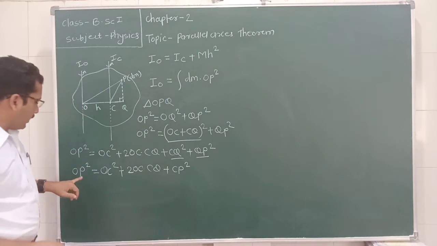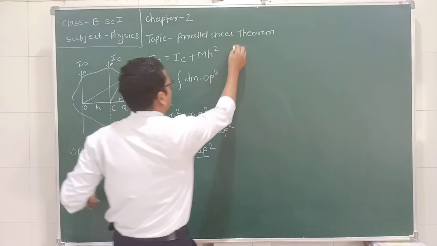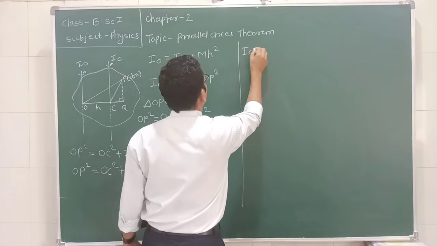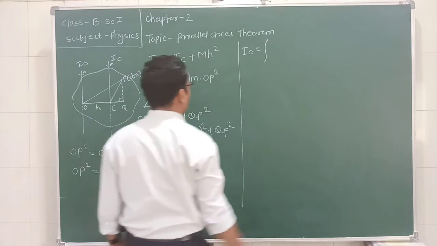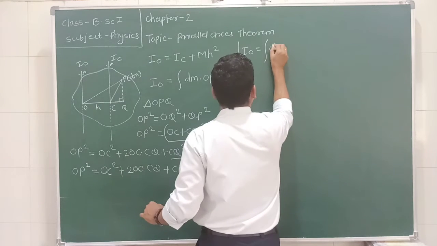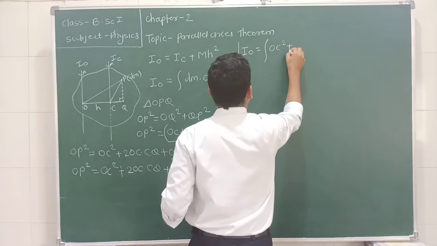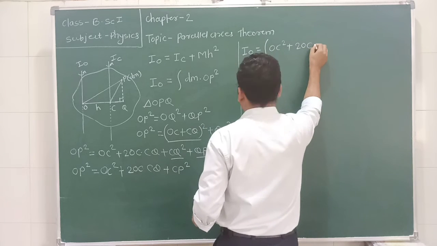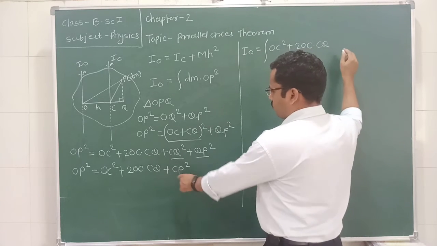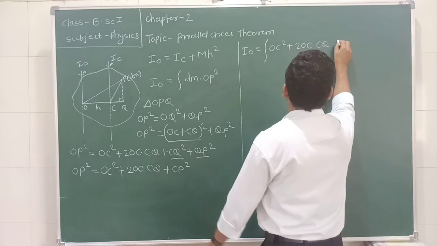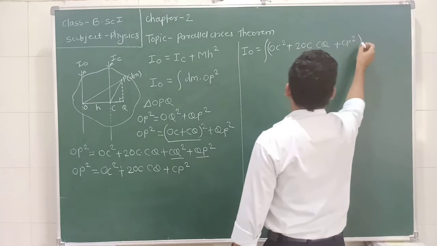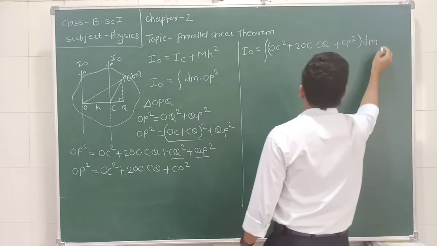So if we keep this value in this equation, we get I0 is equal to integration of OP square, so we can write here OC square plus twice OC into CQ plus CP square, and this is multiplied by dm.